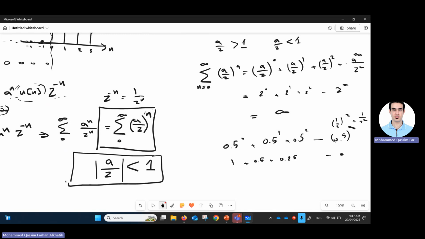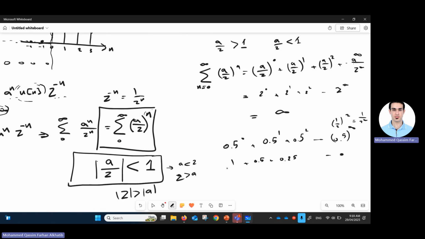And this is exactly the same. So here, for the region of convergence, a should be less than z, or z should be larger than a, and we maintain the absolute values. You just do cross products here, a less than z, or z larger than a.